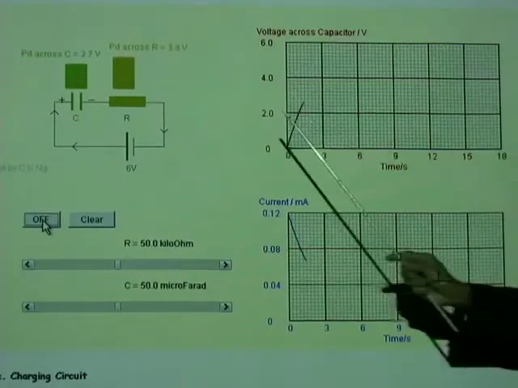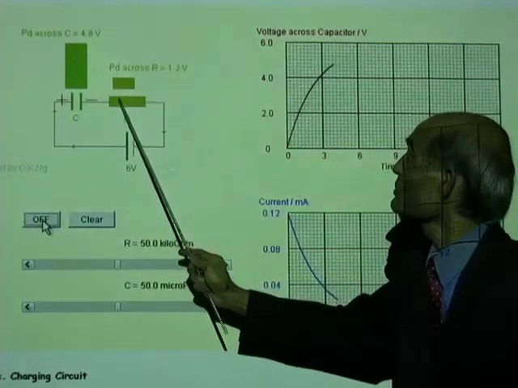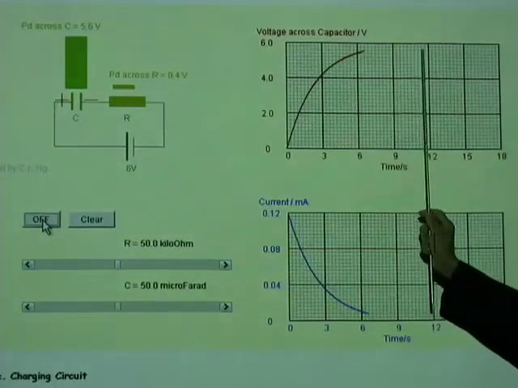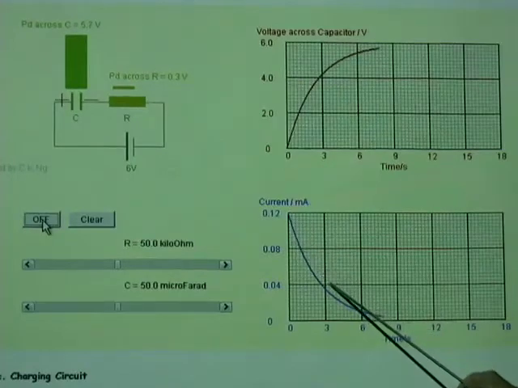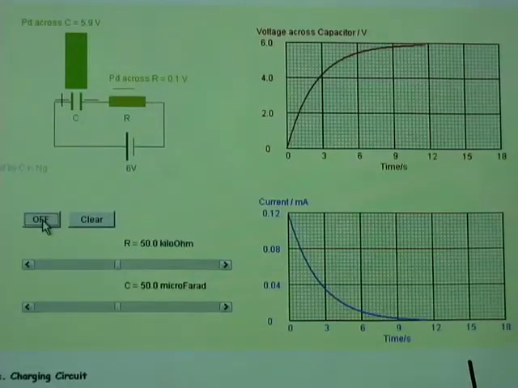There you are. Potential drop across the capacitor increases, across the resistor decreases, and the charge increases asymptotically, the current decreases. You can see how beautifully depicted in this animation. Alright, watch that one more time and I will turn it off.